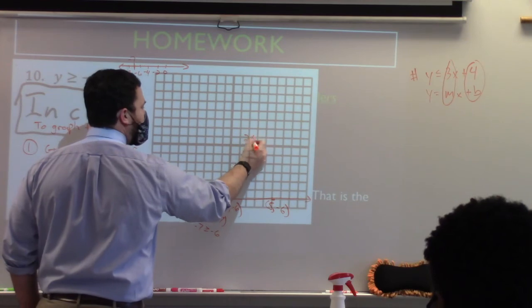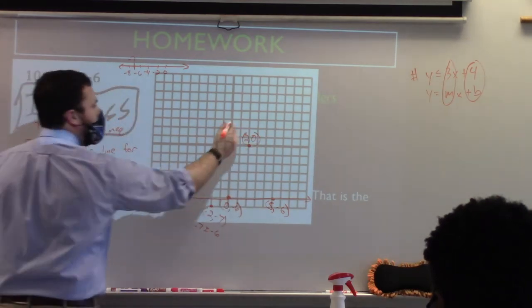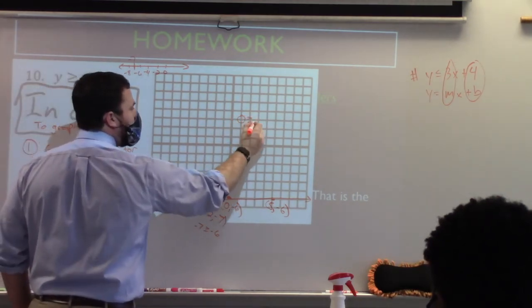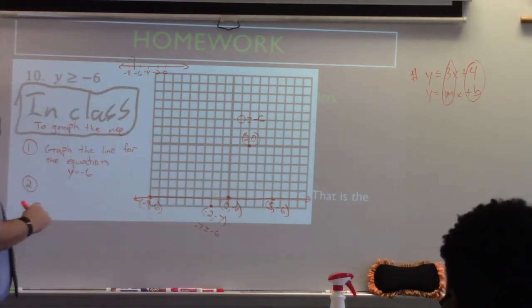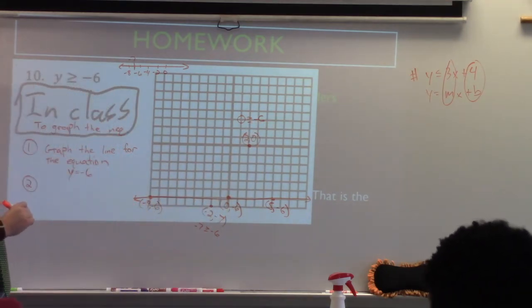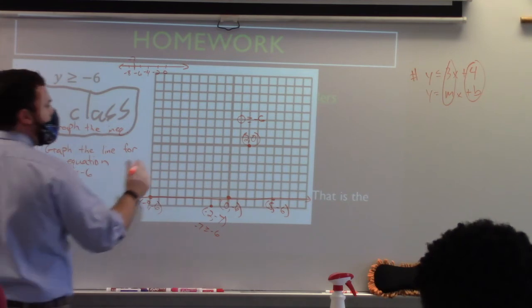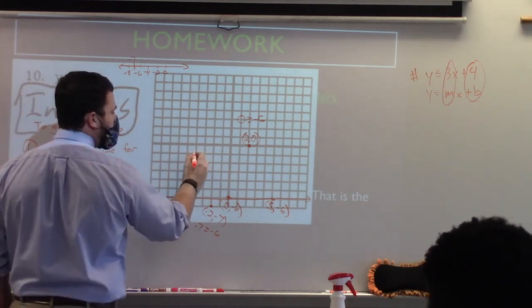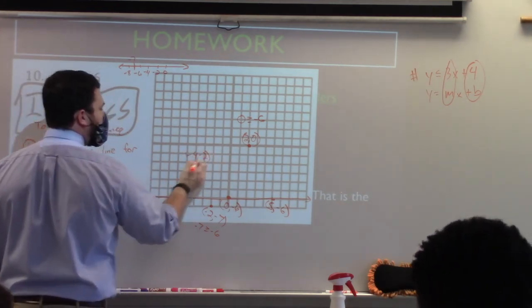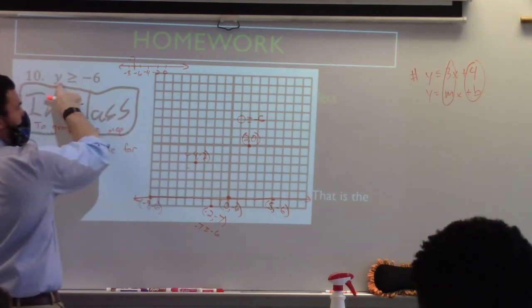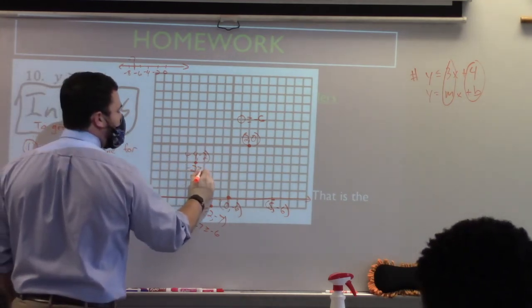That'd be the point 2, 0. Is 0, the y value, greater than or equal to negative 6? Does that point make the inequality true? Yes. That's the solution. Let's check this point here. Negative 4, comma, negative 2. Looking at the y, that's all I have, is negative 2 greater than or equal to negative 6?